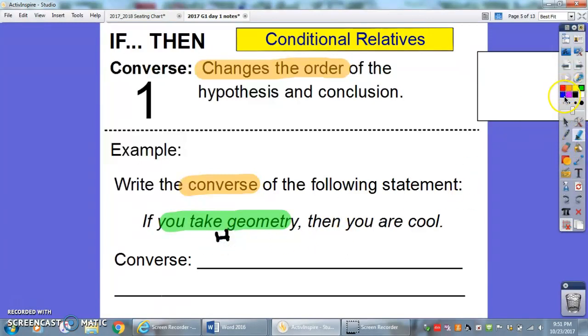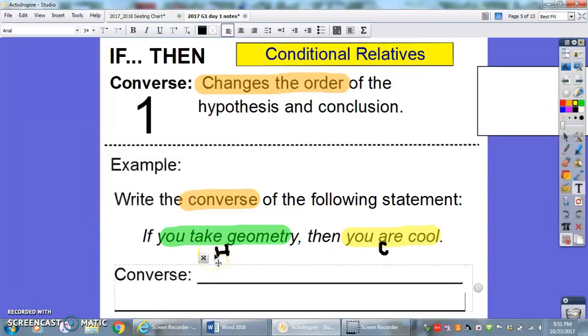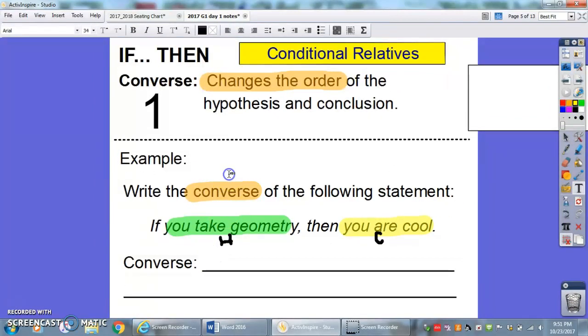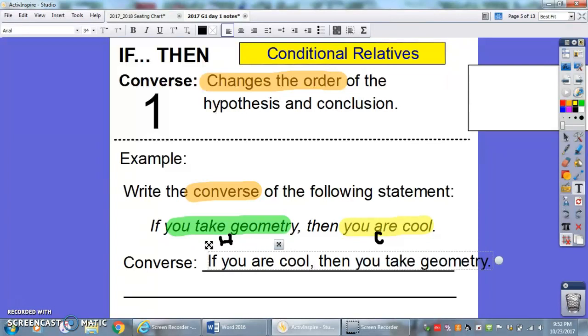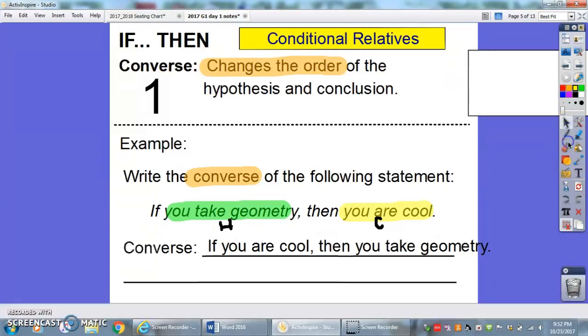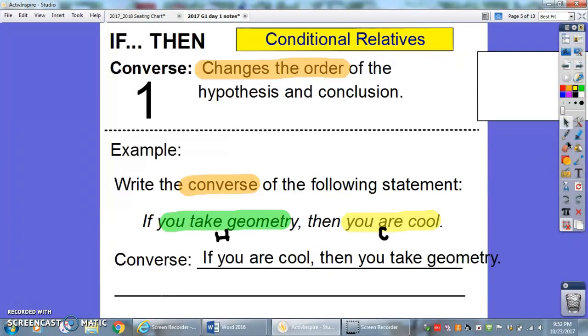So all I have to do to write the converse is switch the order. I'm going to say, if you are cool, then you take geometry. That's it. You simply switch the order of the hypothesis and your conclusion.